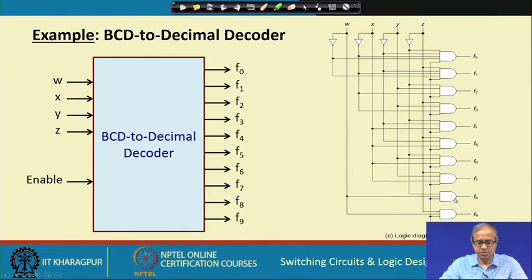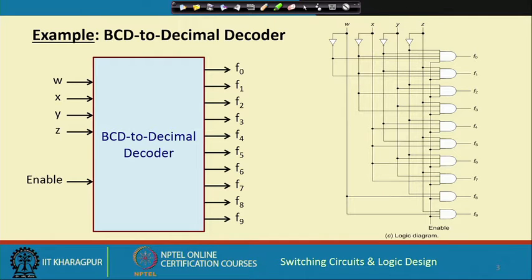Let us talk about another kind of special decoder, which is sometimes very useful, particularly when we work with BCD numbers. We need to use a decoder to identify what decimal digit or BCD digit it is. We need a decoder which is called a BCD to decimal decoder.